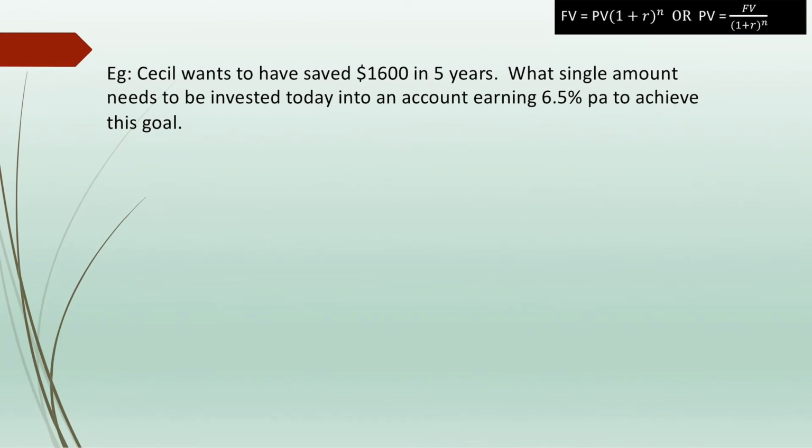E.g., Cecil wants to have saved $1,600 in 5 years. What single amount needs to be invested today into an account earning 6.5% per annum to achieve this goal? So, we want to have a future value of $1,600, and we want to have that in 5 years' time.